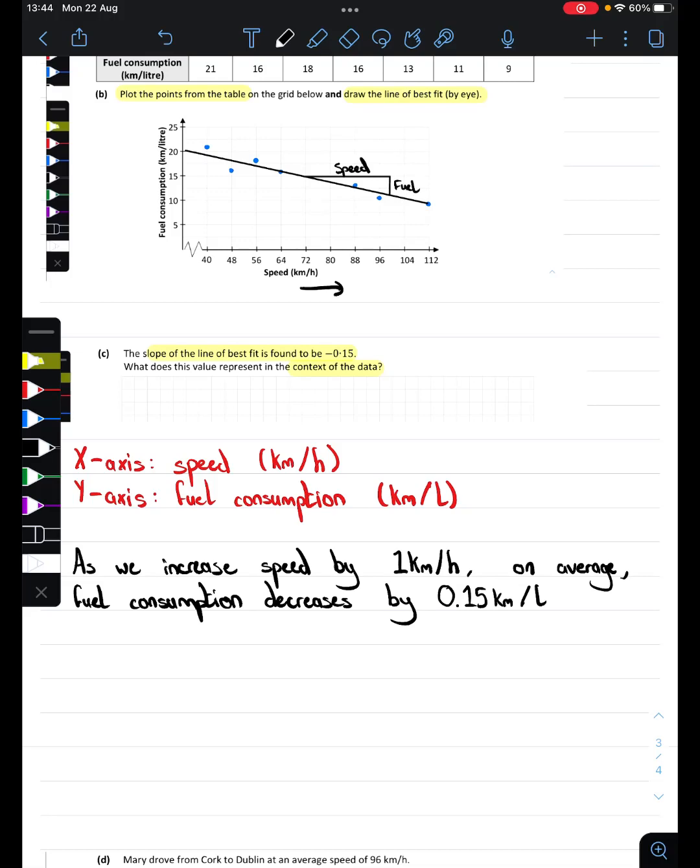So as we increase in speed, we move downwards, and the ratio, the rise over the run, is minus 0.15.